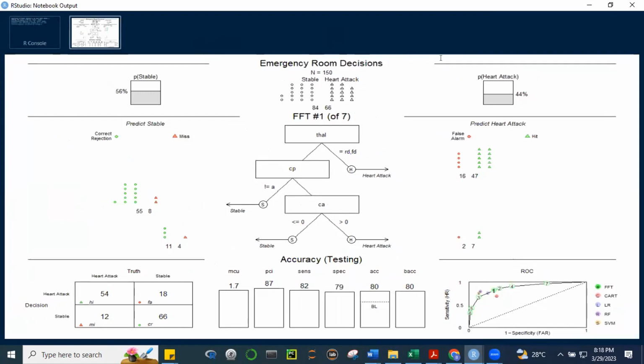Alright. So, what do we have here? Ito yung probability ng stable. Saan galing tong 56% na to, class? Where did this come from? Anyone?